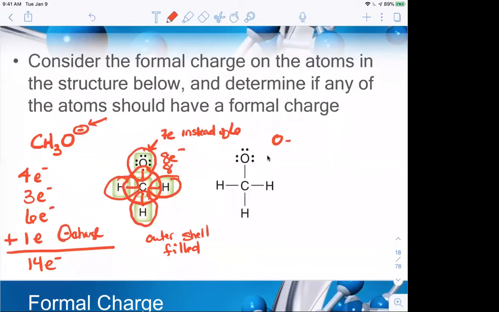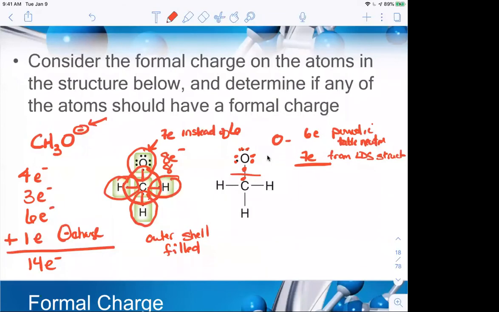So this oxygen is supposed to have 6 electrons based on the periodic table if it's neutral, right? But it has 1, 2, 3, 4, 5, 6, and I count half the bonding. It actually has 7 electrons from this LDS structure, the Lewis dot structure.